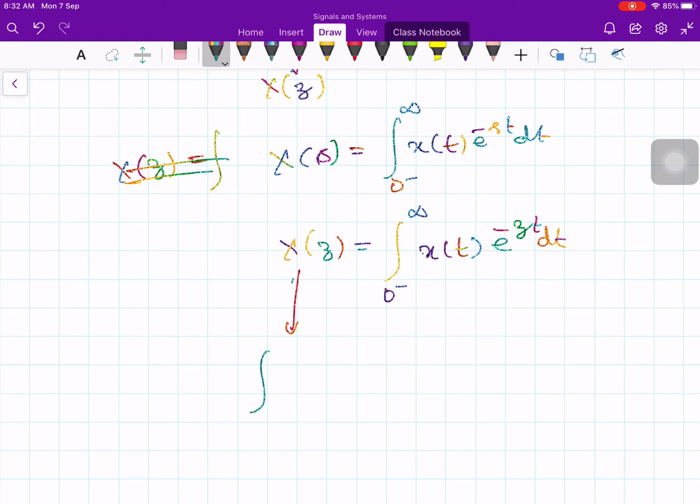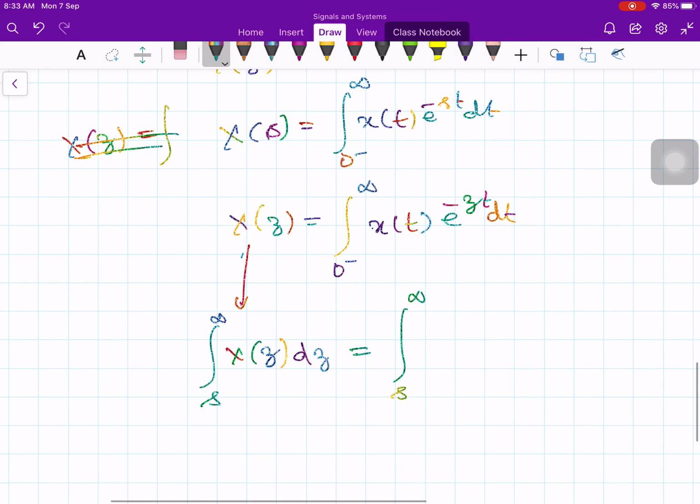So the integral from s to infinity of X(z) dz is equal to, on this side also from s to infinity, the whole thing, where we can substitute X(z): the integral from 0 minus to infinity of x(t) e to the minus zt dt, then you multiply dz.